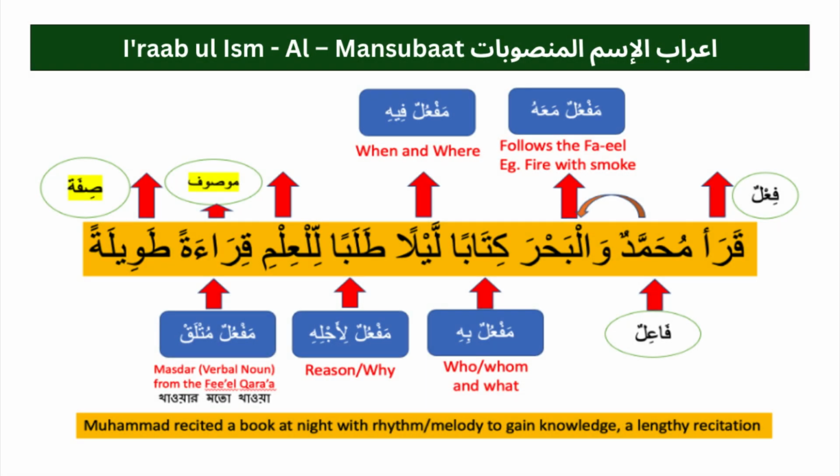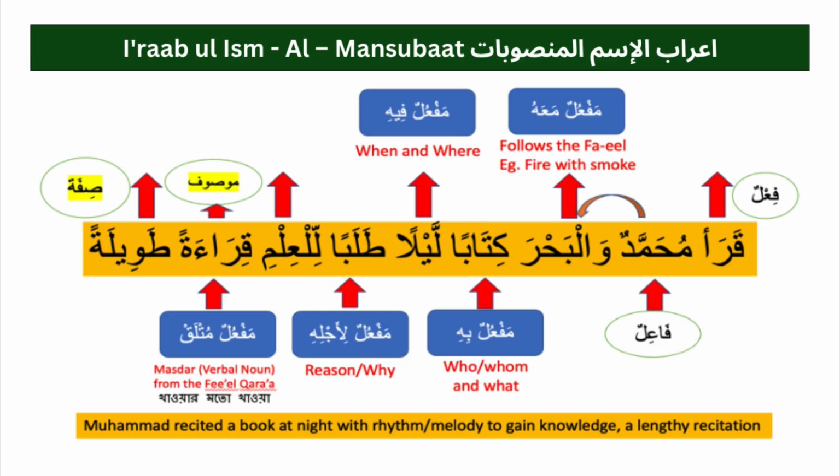Now the page gives a very useful sentence diagram. It shows one long Arabic sentence and labels the parts according to the different maf'uls. The sentence is essentially saying that Muhammad recited a book at night with rhythm or melody in order to gain knowledge. A lengthy recitation.